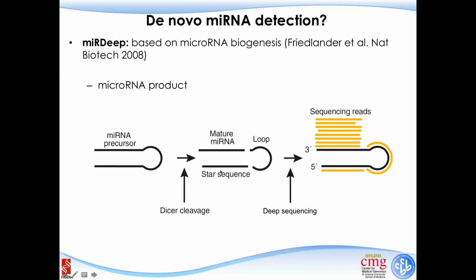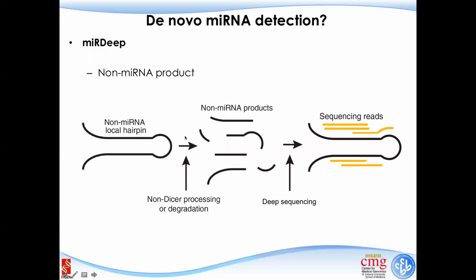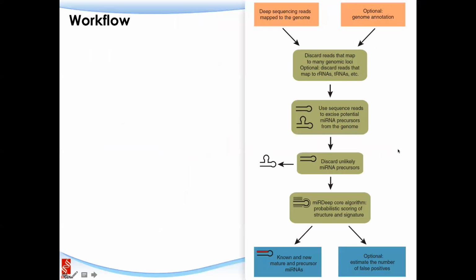If this hairpin really forms the precursor of a microRNA, and this is a true microRNA, the observed read counts should have this distribution: high here at the microRNA, and really low here because it is degraded, so the reads can be mapped to this region or this region. If the observed result is like this one, also a hairpin structure but quite uniformly distributed through the hairpin, we may think it has a relatively lower possibility of being a microRNA.